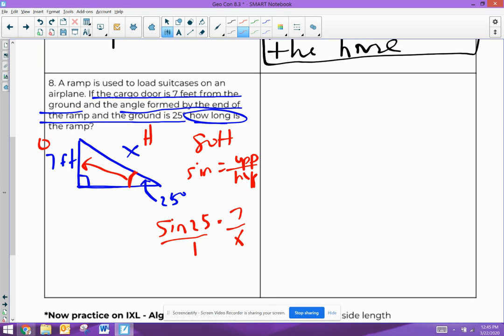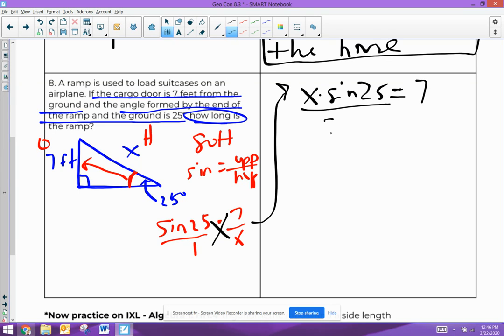Make it a proportion and cross multiply. X times the sine of 25 equals 1 times 7, which is 7. Divide by the sine of 25.